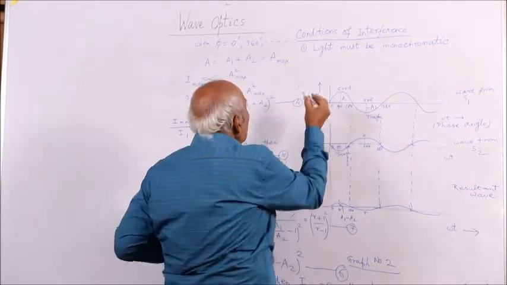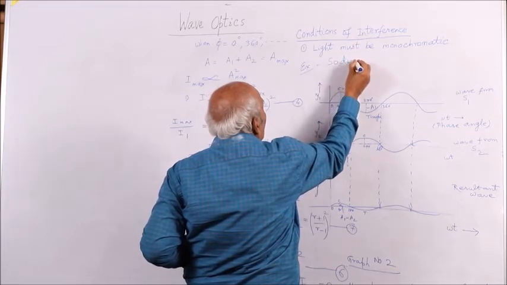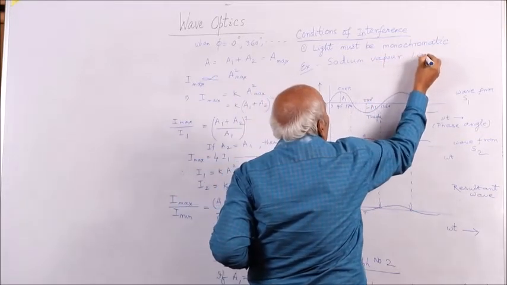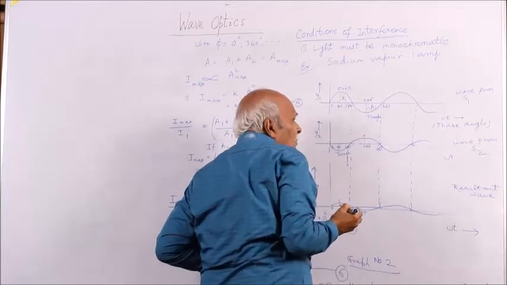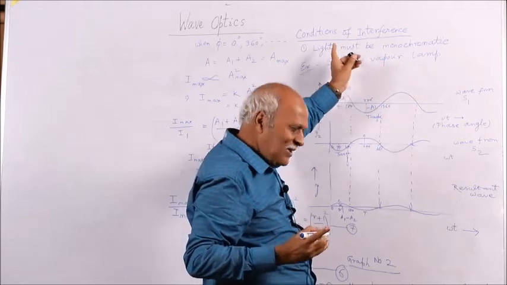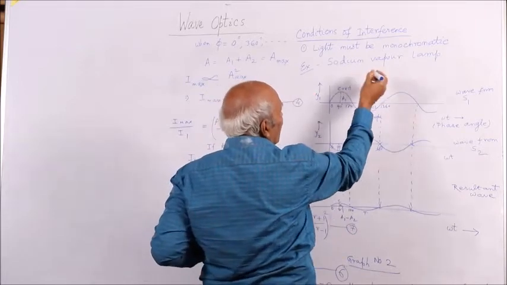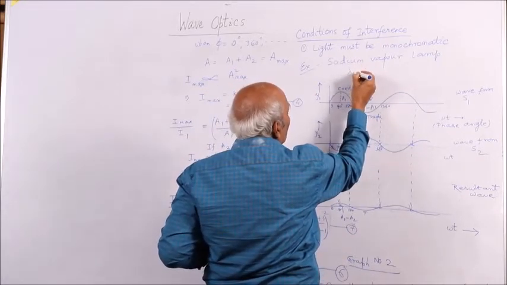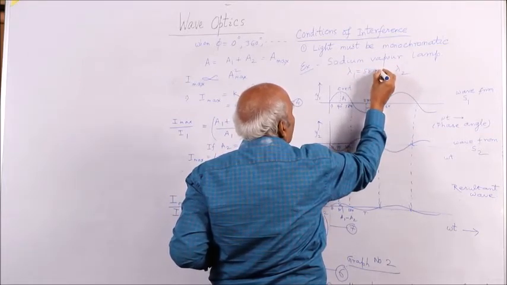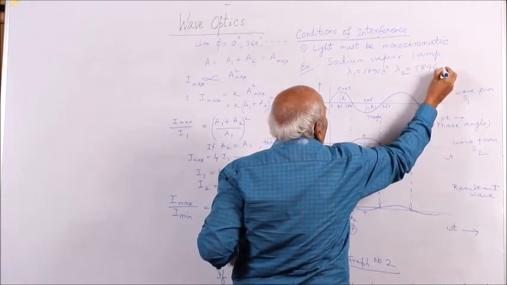So, an example is the sodium vapor lamp. It is just like a bar light where mercury gas is used, but for the sodium vapor lamp, sodium vapor is used. That sodium light, when analyzed by a spectrometer, is found to consist of two lines of wavelengths 5890 angstrom and 5896 angstrom.